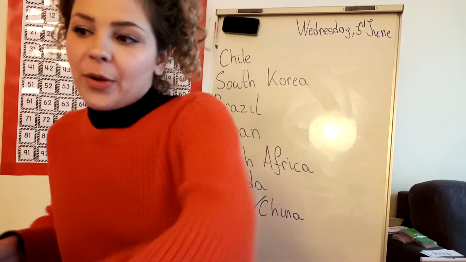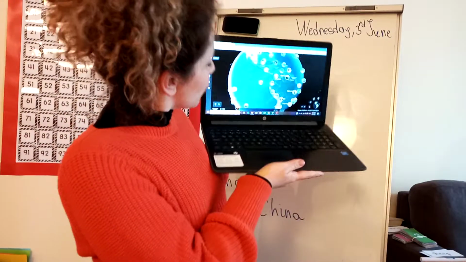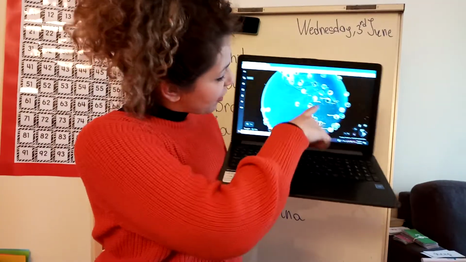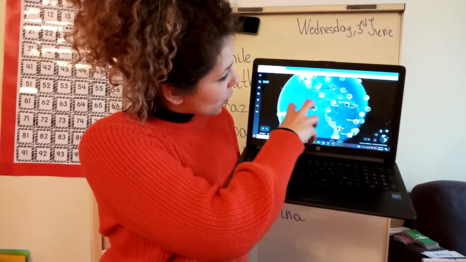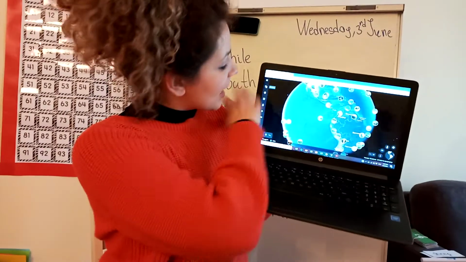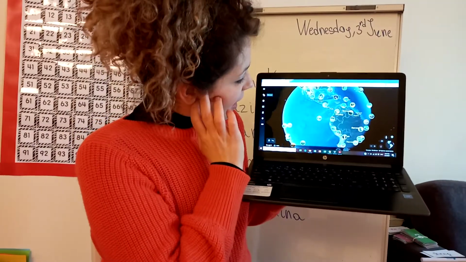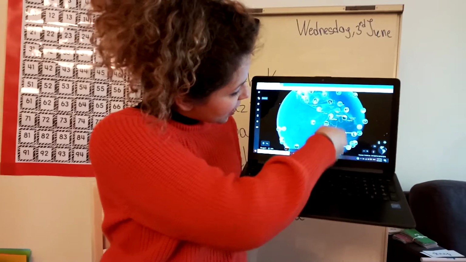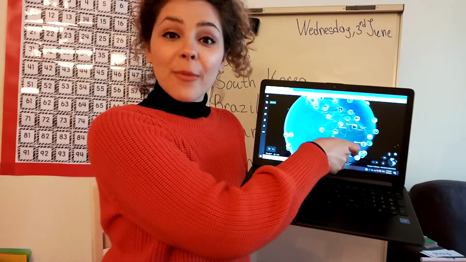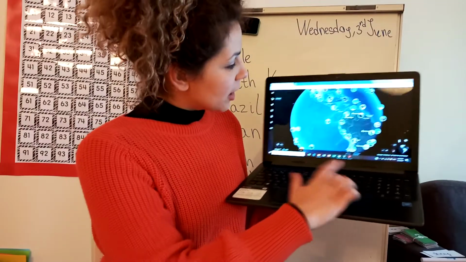And what I have here, I opened Google Earth, okay? So let me just show you. So you can see from the distance, it's showing you the picture of planet Earth, yeah? So it's showing you right here is actually South America, the continent we live on.